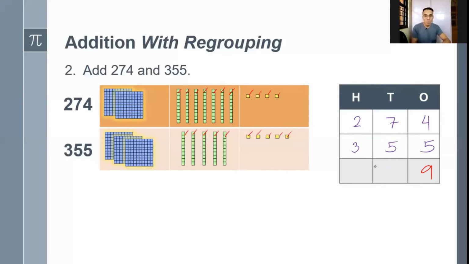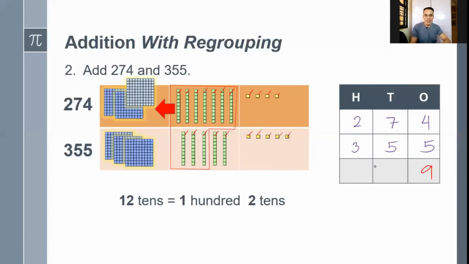We regroup 10 tens. We are going to count 10 tens and change 10 tens to 100, just like this. Okay? So we can say that 12 tens is equal to 100 and 2 tens.